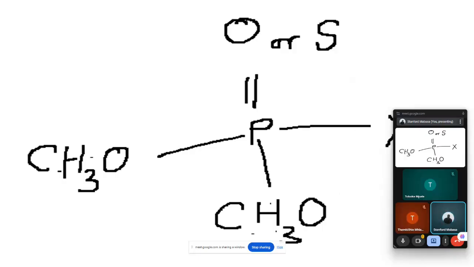So here we've got the methyl groups, CH3O, which are attached to P. We have two of them. Then we have either oxygen or sulfur attached to P, which is the central atom. Then on the other end, we still have that X representing other things, depending on the nature of the organophosphate.